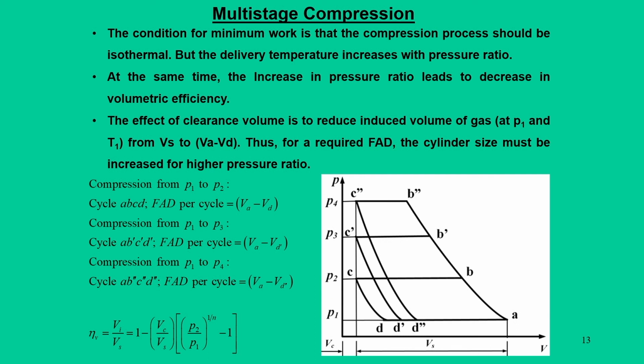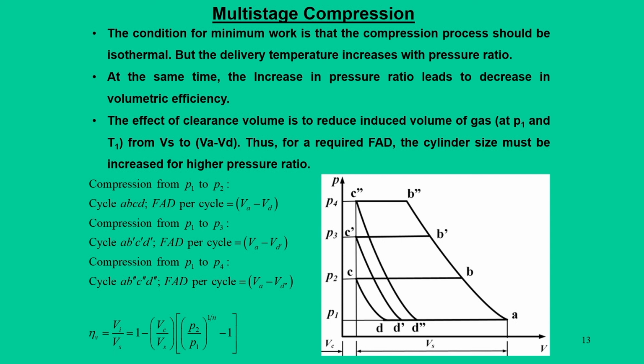Now, let us use this concept to see how we move to multi-stage compression. What we have already seen is that the condition of minimum work in a compression process requires the compression to be isothermal, but the delivery temperature increases with the pressure ratio. So, maintaining an isothermal condition is a difficult task.